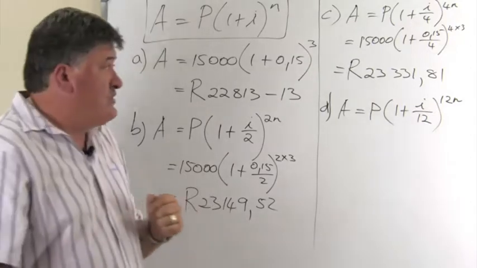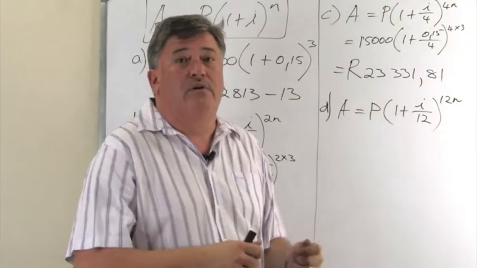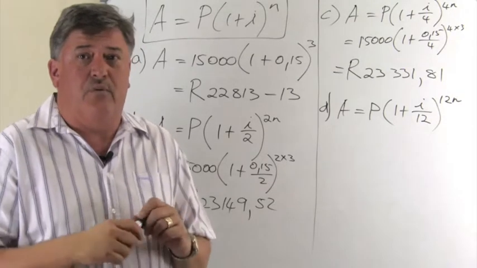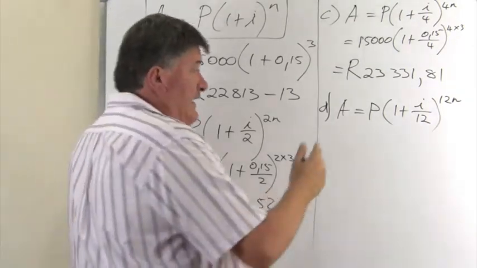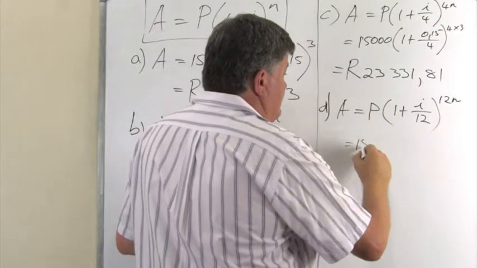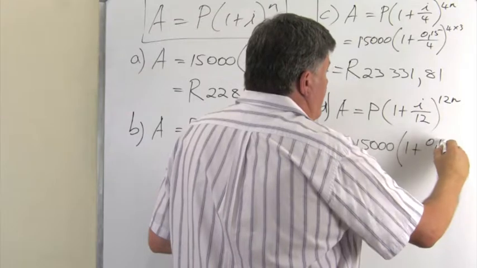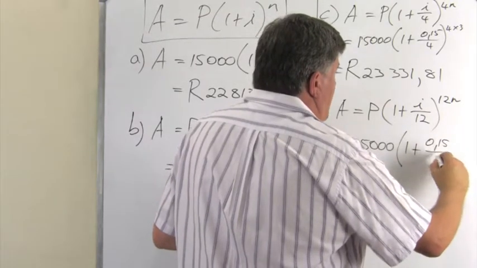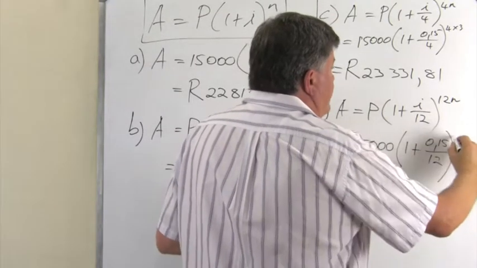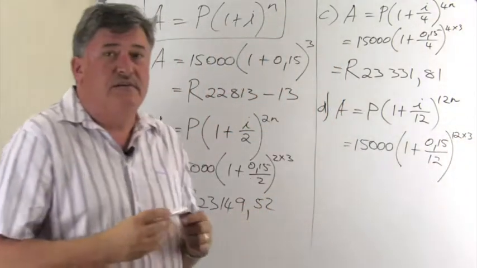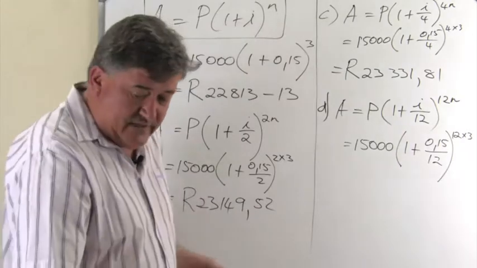Then quarterly, divide by 4, times 4. Monthly, which is a very popular one because that is basically our real life problem, and that is 12. So we substitute our 15,000, 1 plus my i is 0.15 over 12, and now it is 12 times 3. Remember the number of years? Equal to 3, so you say 12 times 3.